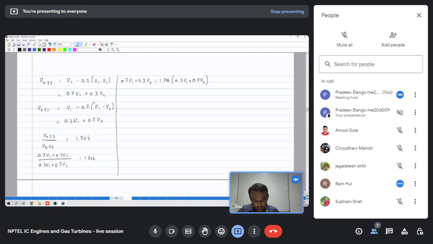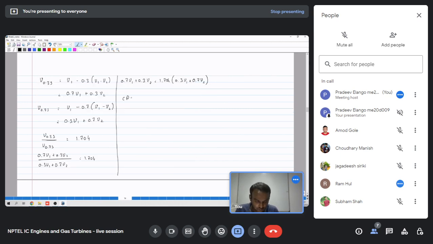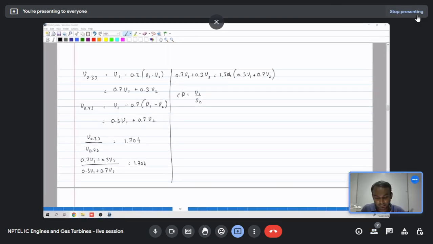For the compression ratio we need only the ratio between V1 and V2, right? Compression ratio is V1 by V2. We don't need to find the absolute values of V1 and V2. So I think we'll be able to solve.